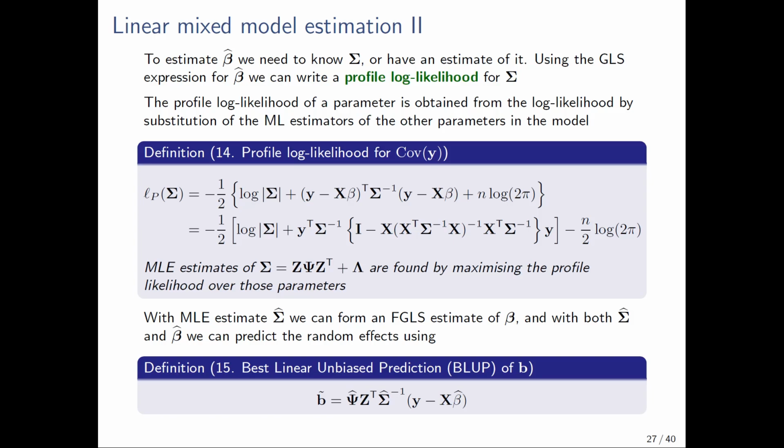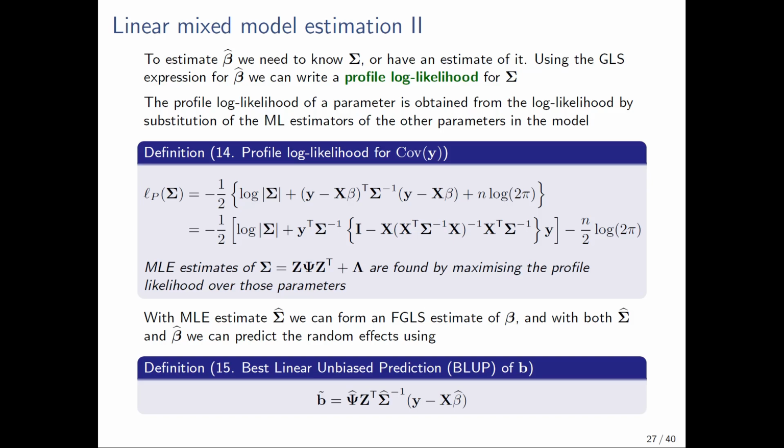So the maximum likelihood estimates of sigma, given by this term here, equal to Z psi Z transpose plus lambda, are then found by maximizing the profile log likelihood over the parameters that determine psi and lambda. And with the MLE estimate of sigma, we can then go ahead and form a feasible generalized least squares estimator for beta.